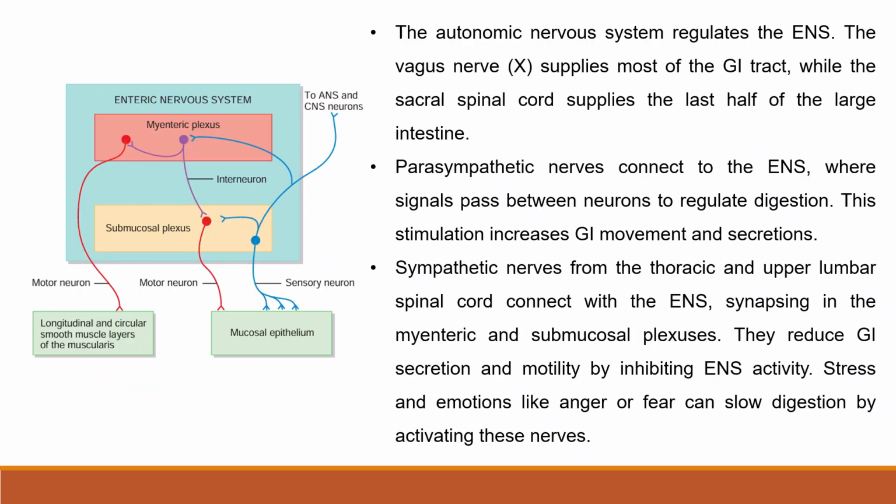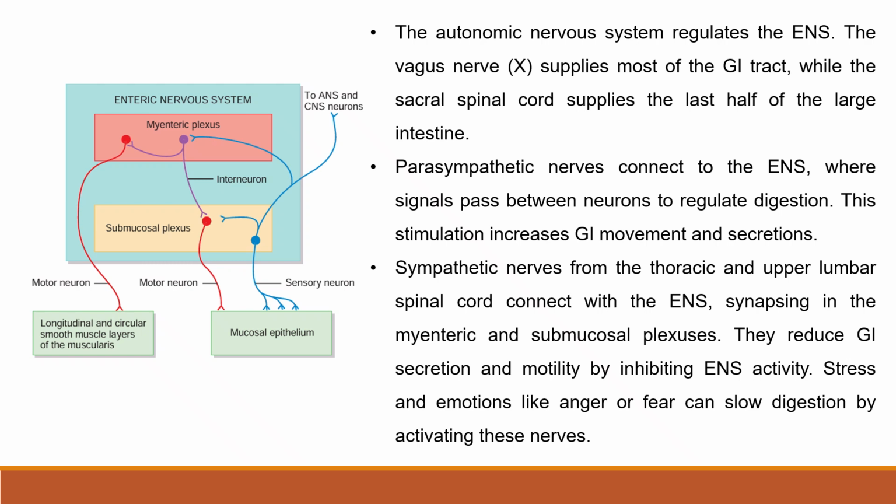So the enteric nervous system controls the functions of the gastrointestinal tract and works in coordination with the ANS, that means the autonomic nervous system. The vagus nerve, I think you still remember, is one of the cranial nerves, and it supplies most of the gastrointestinal tract, while the sacral spinal cord supplies the distal large intestine.